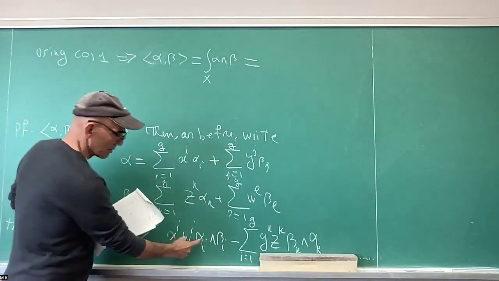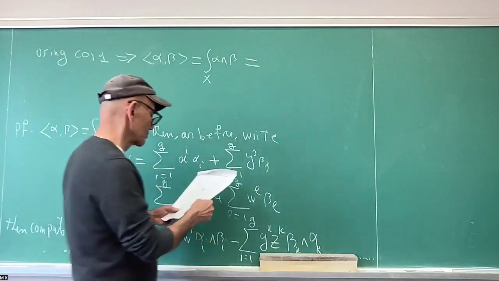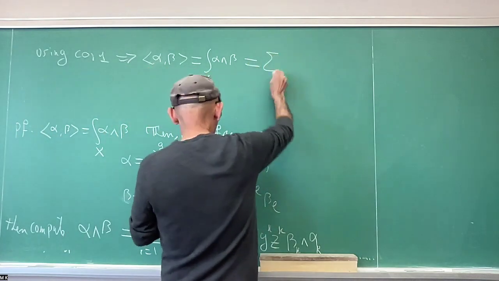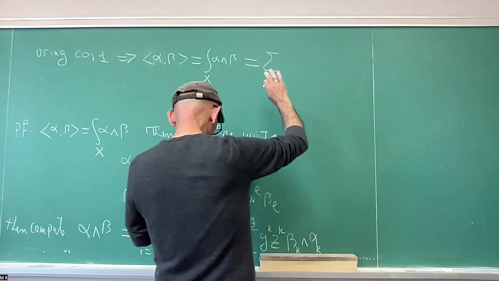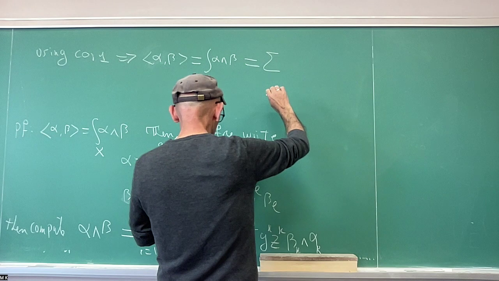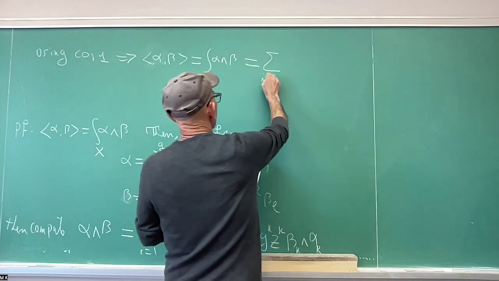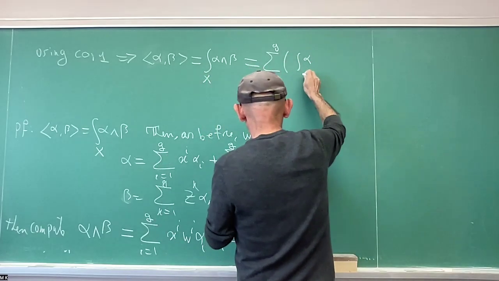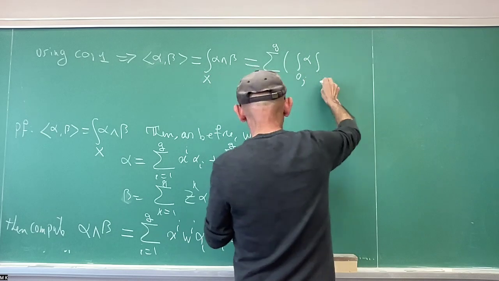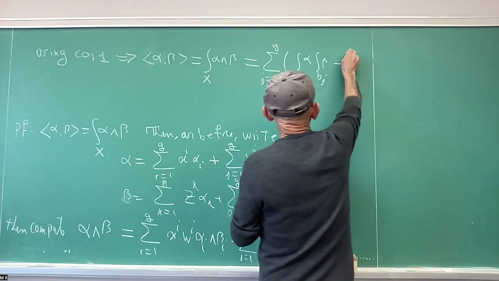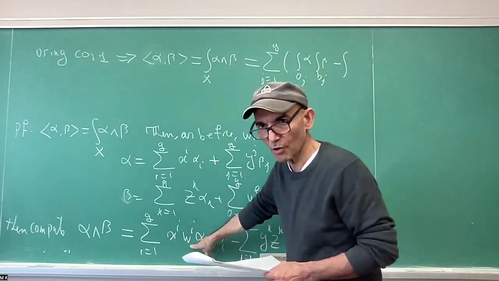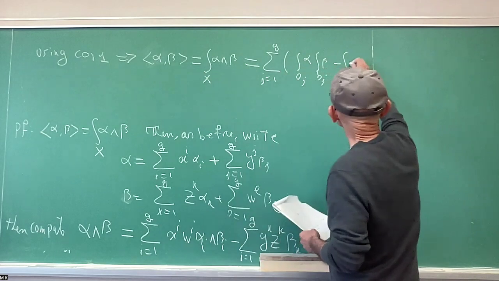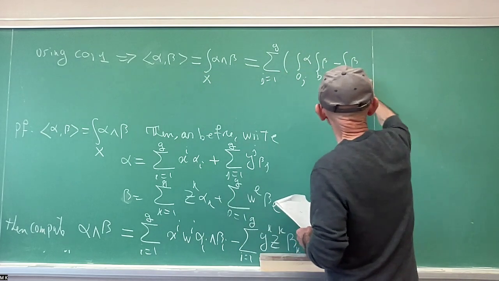And then you can use the previous corollary, and this turns out to be equal to the sum, my notation here is j from 1 to g, of the integral of alpha over aj times the integral of beta over bj, minus, because these are xi and wi, and the other ones are yk and bk and zk, minus the integral of beta over aj times the integral of alpha over bj.